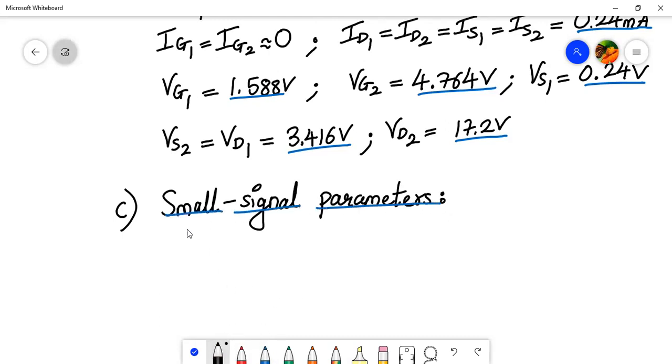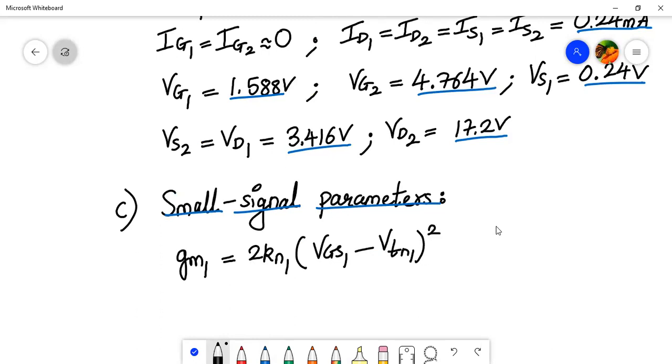Now, what are the parameters of the circuit for MOSFET? GM1 is twice Kn1 times VGS1 minus VTN1. Since both M1 and M2 have the same parameters, your VGS1 and VGS2 are the same. So therefore, your value of GM1 and GM2 will be the same, right?